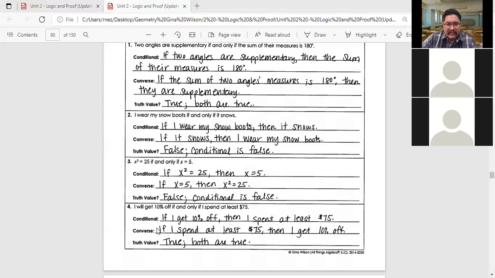The converse, so again, we flip the order of the conclusion and hypothesis: if I spend at least $75, then I get 10% off. And that one is reversible. It's not like these last two where they're not reversible. Sometimes you can reverse them and it still makes perfect sense. In this case, they are both true statements.